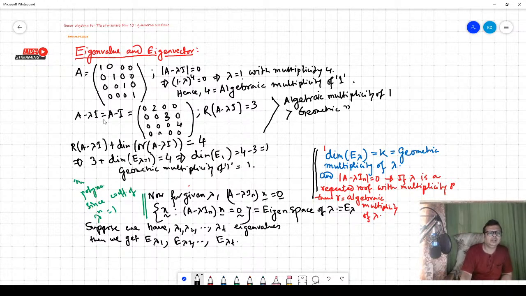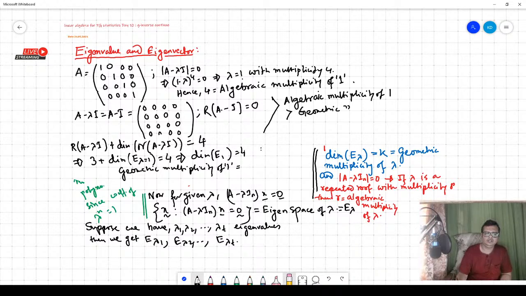Now A minus I is simply this, which equals 0. So the dimension of E1 is simply 4.